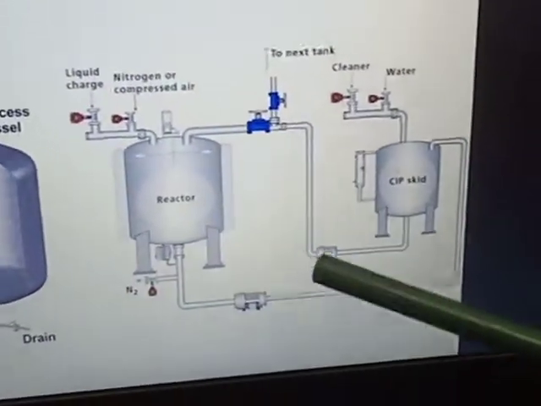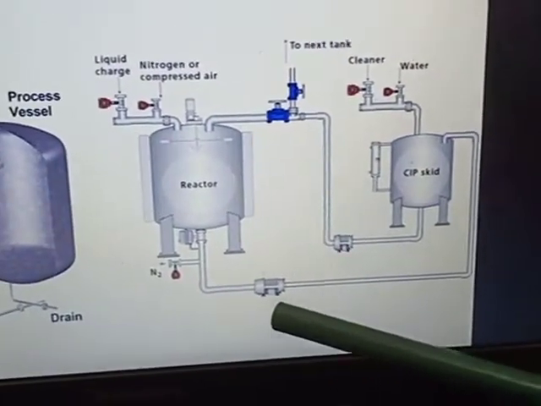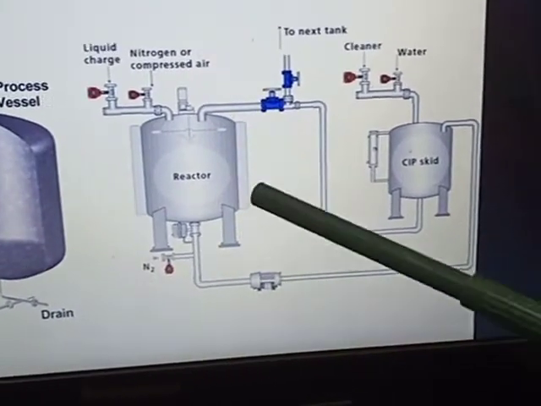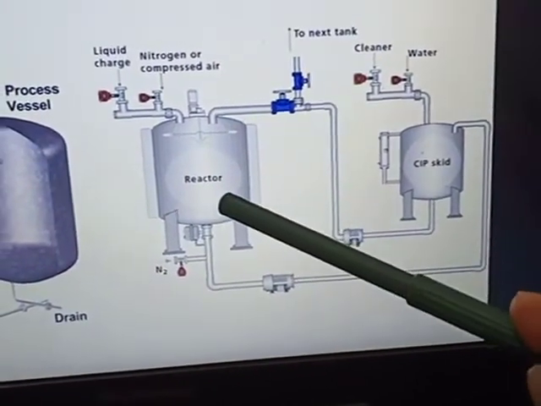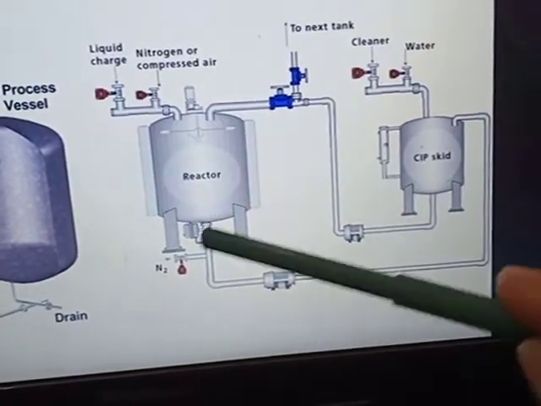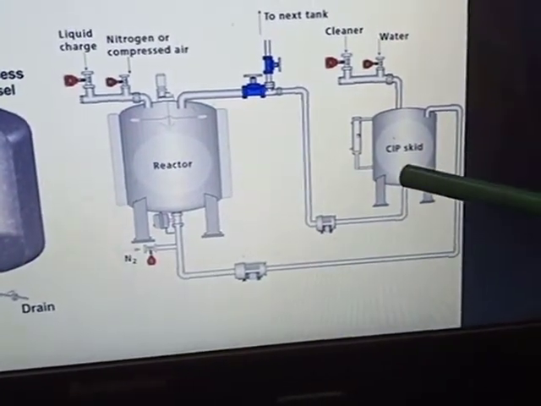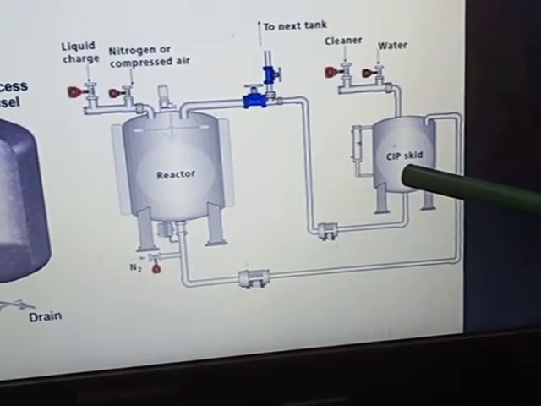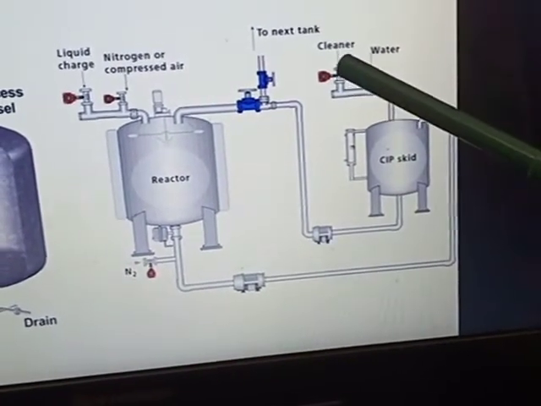Okay, the next diagram where you have the reactor. This reactor is the process vessel. Then you have the CIP skid, where you put in the cleaner or detergent water.